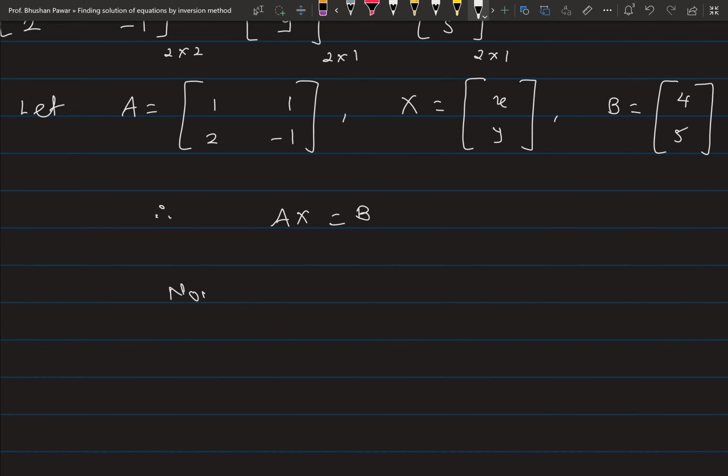Now pre-multiply A inverse on both sides.